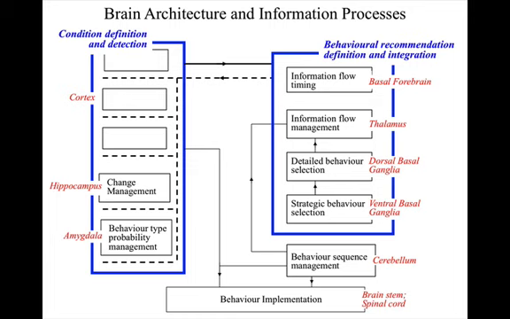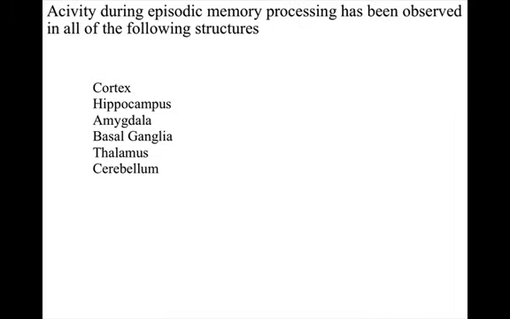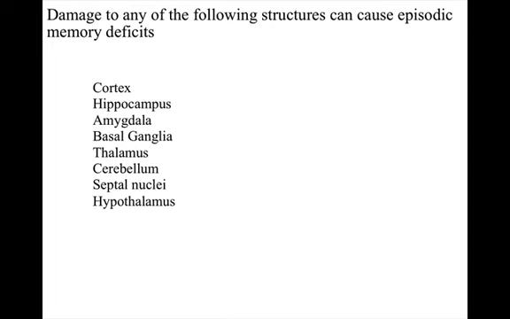But one important thing to bear in mind is that major brain structures perform information processes. They don't correspond with obvious cognitive processes. An example I touched on earlier is recording and accessing memories of events, which was called episodic memory. During episodic memory processes, activity has been measured in all of these major structures.